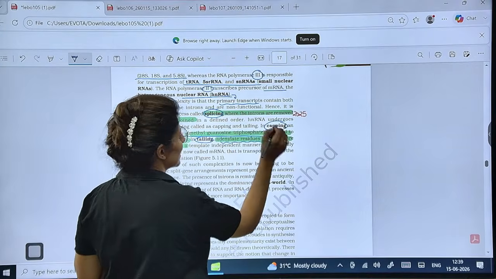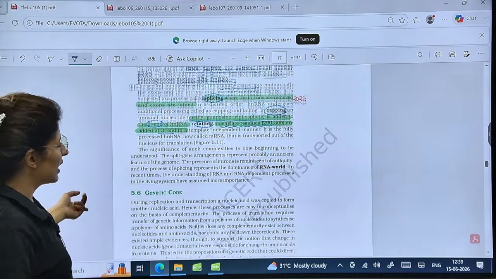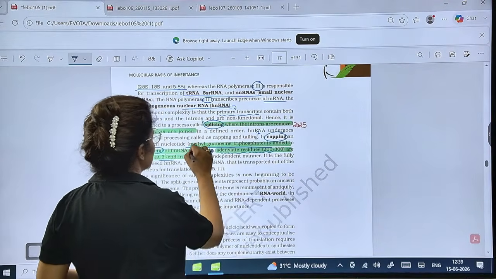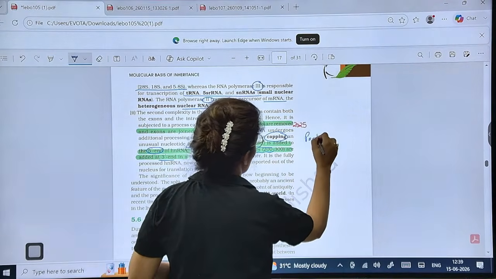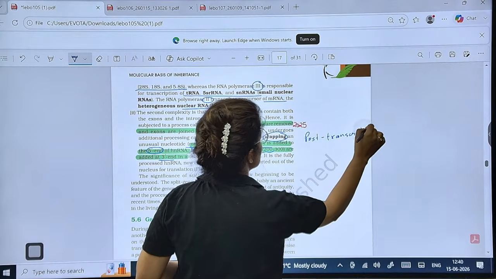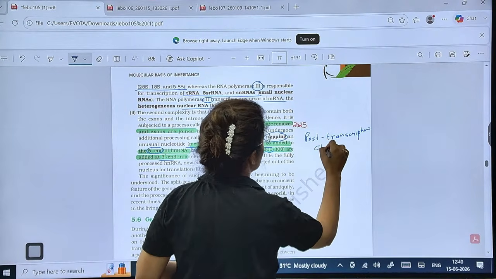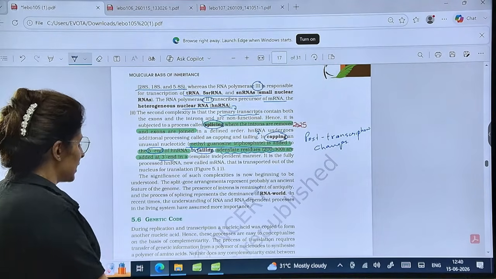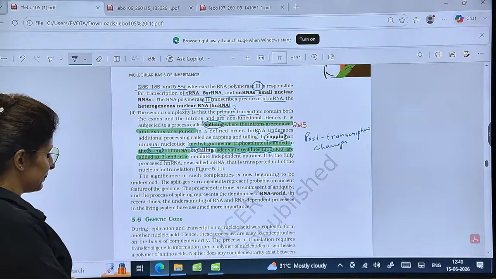Adenylate residues are added. Now all these three steps, splicing, capping and tailing, constitute the post-transcriptional changes. These post-transcriptional changes are not required in prokaryotes. Please tell me that these points are clear to everyone.